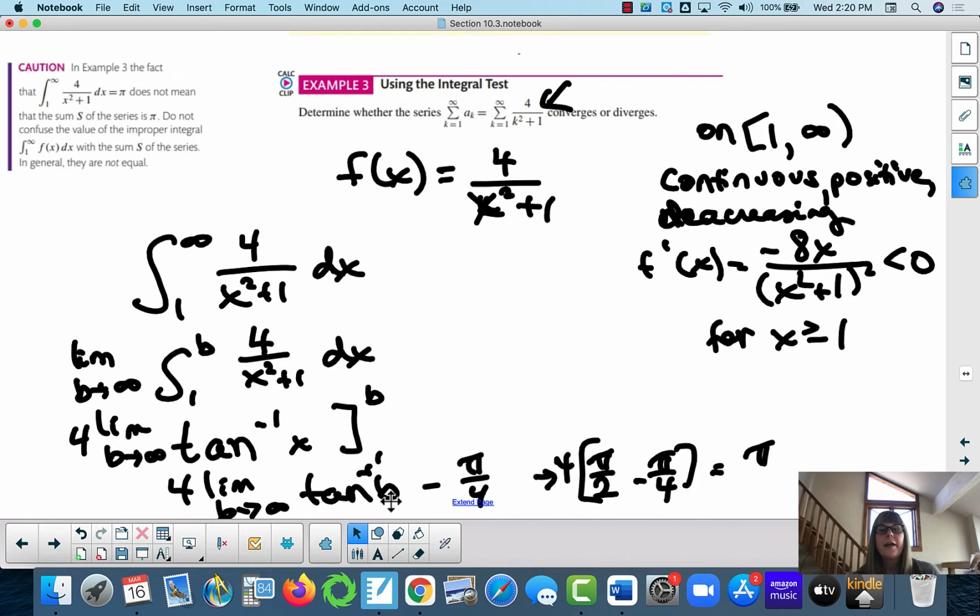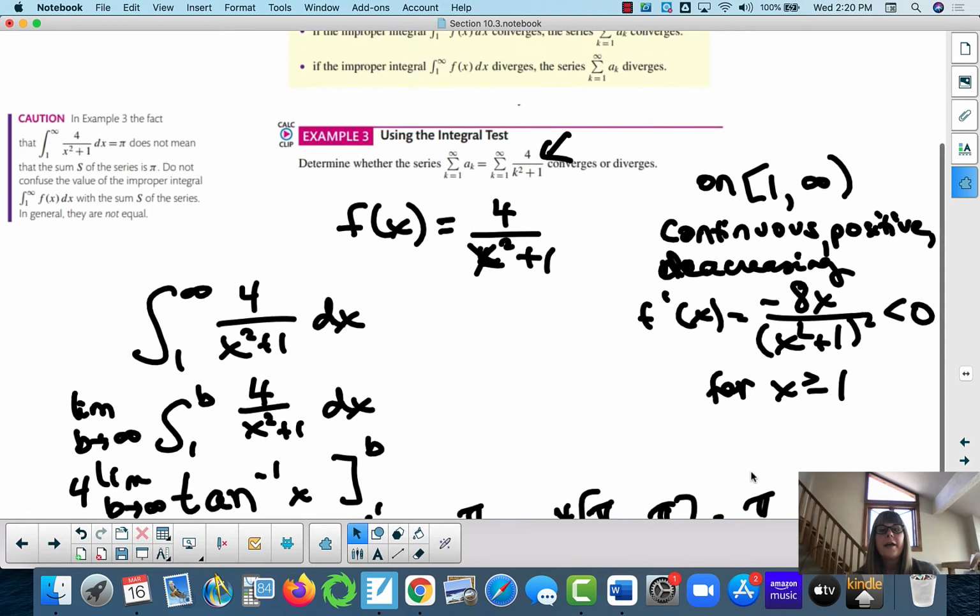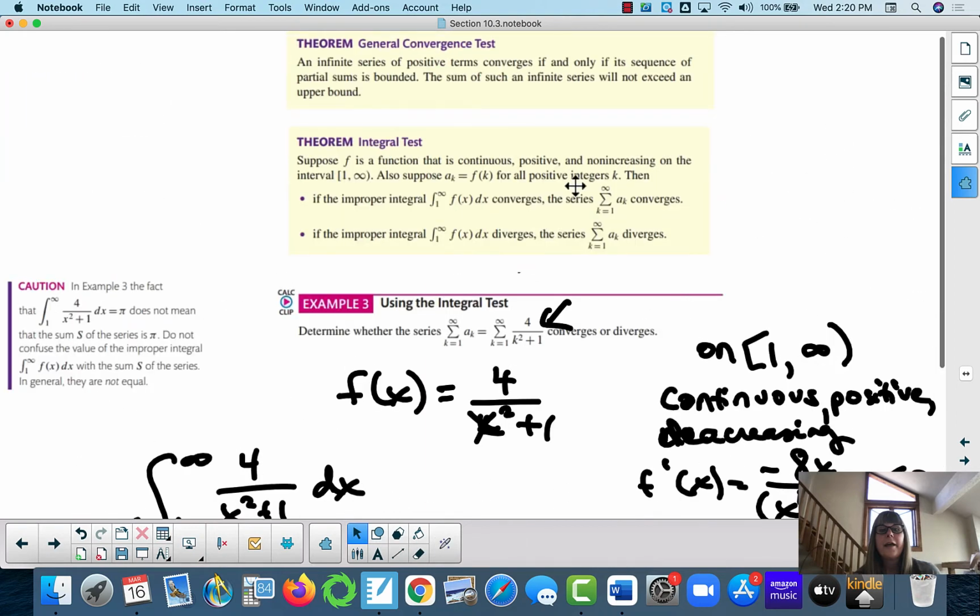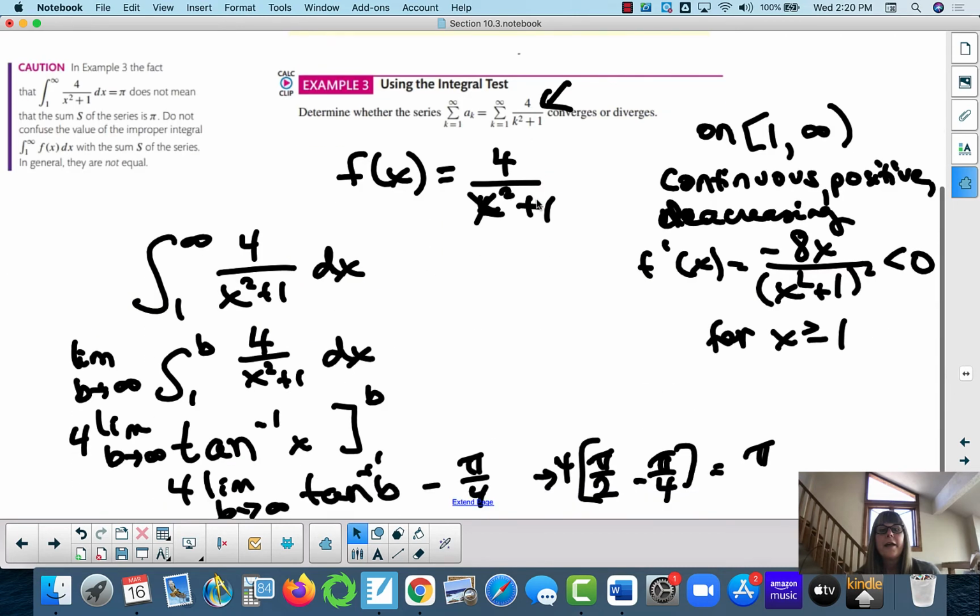Now notice that the integral converges to a number. So therefore we know that our series converges. That was the original question. Be very aware that this is not the sum.